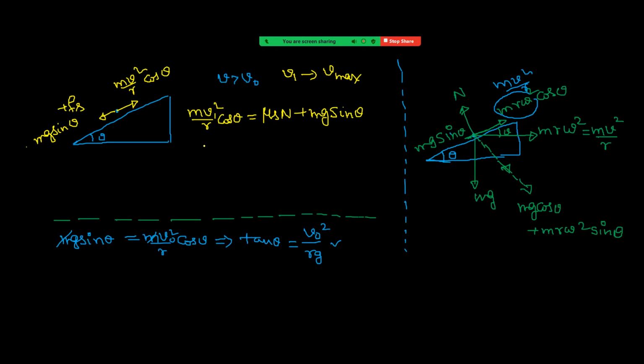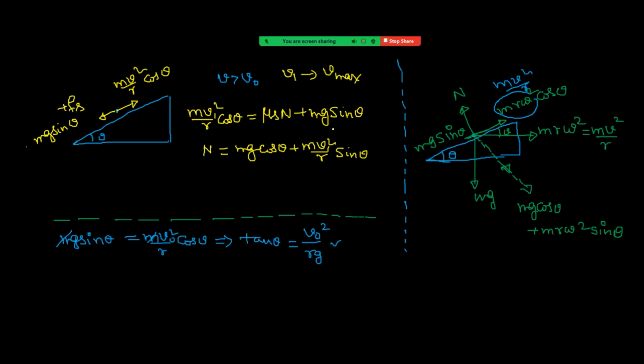And in the place of V, it is now V1, that is maximum speed. And coming to here, see what we get for the n value: n equal to mg cos theta plus mv square by r sine theta, with V1 as the maximum velocity.